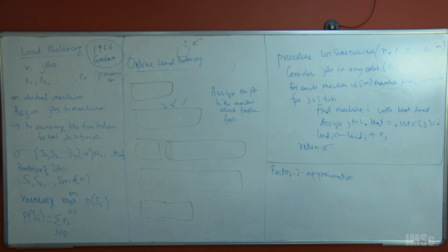When a bucket comes, you go to the big bucket which has the least amount of water and just pour into it. Have you ever played this game? I was playing with my son a few days back, where we pour, and you can show that.